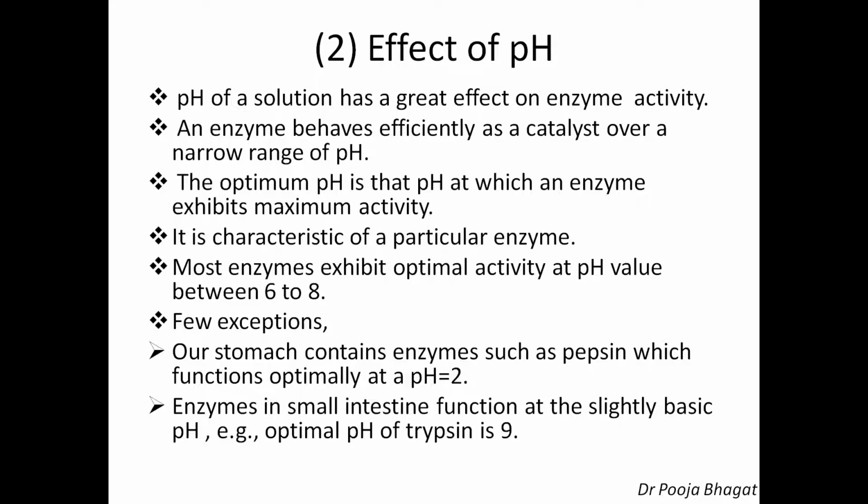Now, enzymes in the small intestine function at slightly basic pH. So, for example, the optimal pH of trypsin is 9. So although most of the enzymes exhibit optimal activity at pH value between 6 to 8, there are few exceptions.